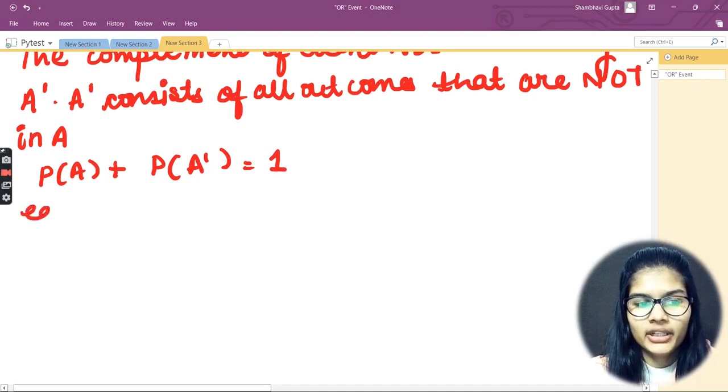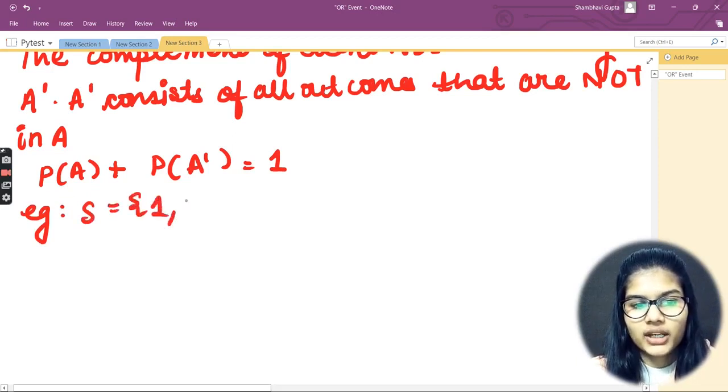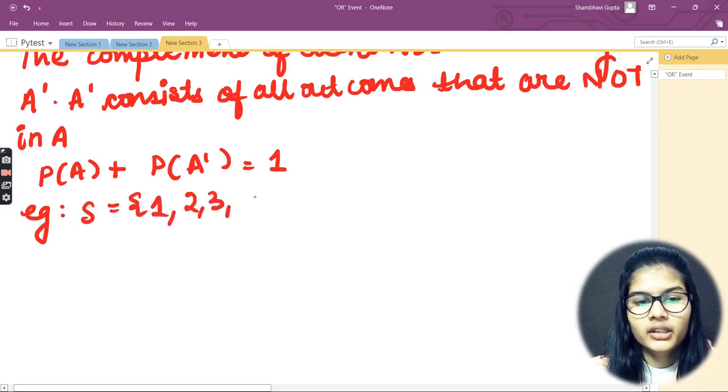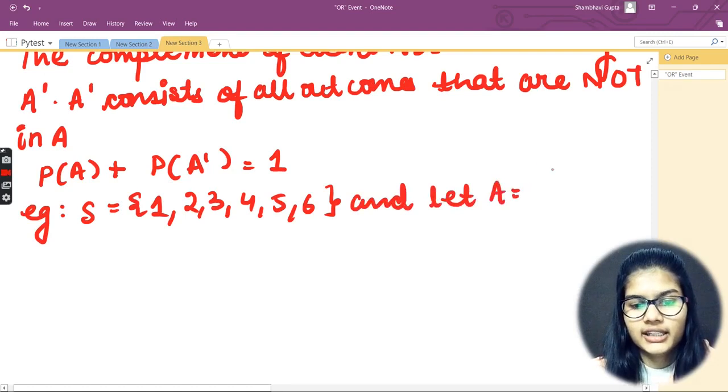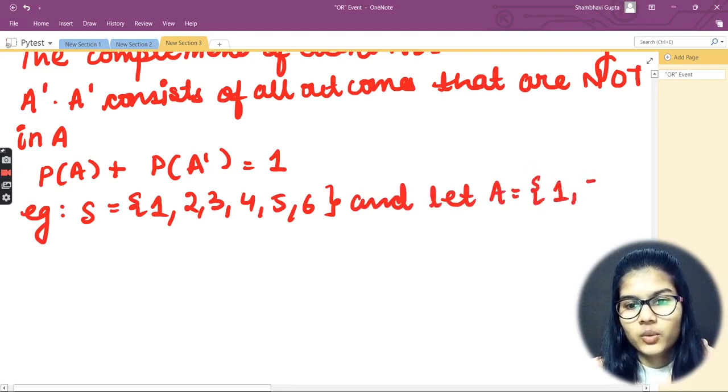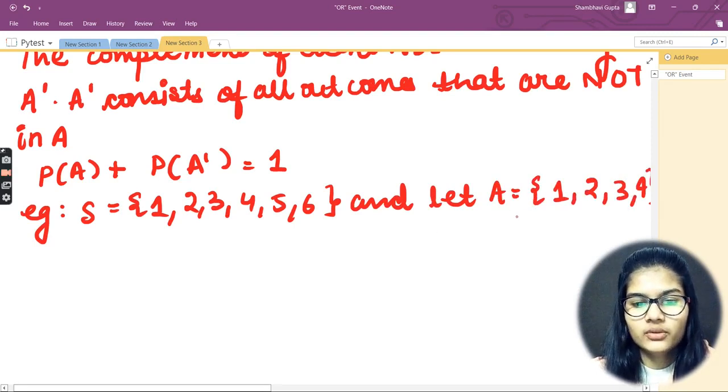Now let's take an example. Let's say I have a sample space, and that is 1, 2, 3, 4, 5, and 6. Let A be equal to 1, 2, 3, and 4.